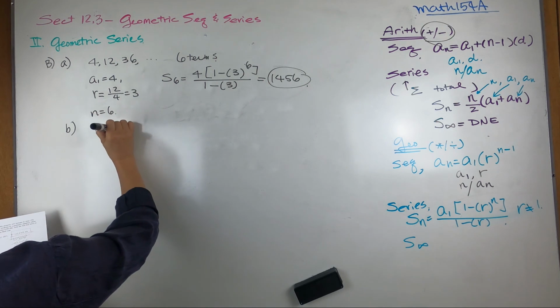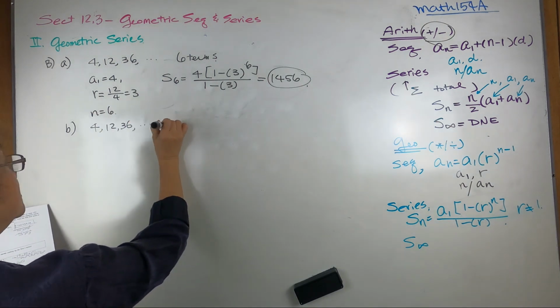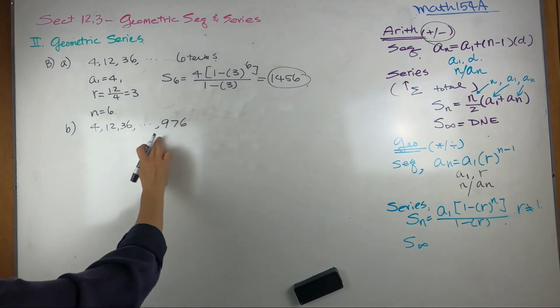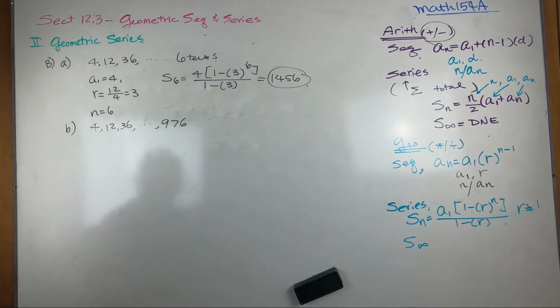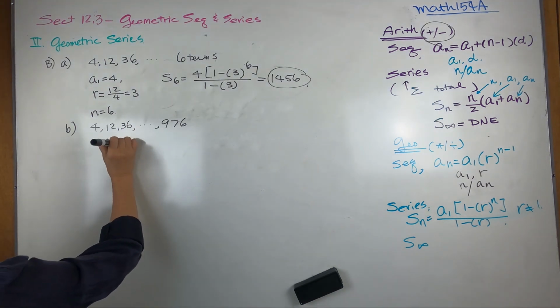If we give you this, 4, 12, and the last term is 976. We ask you how many terms it is. So A1 is 4.